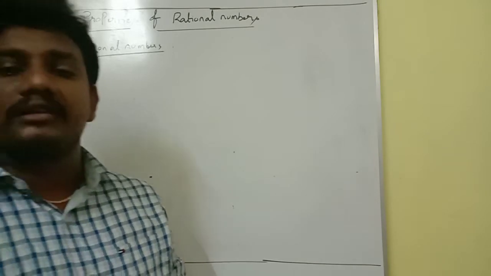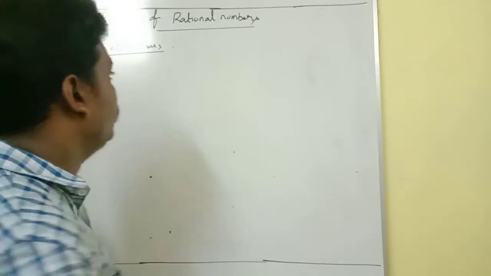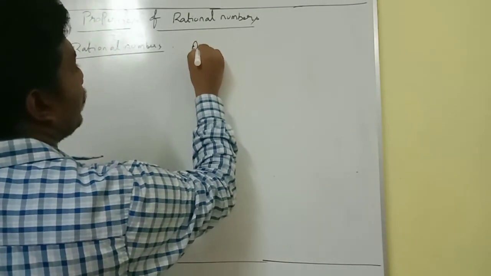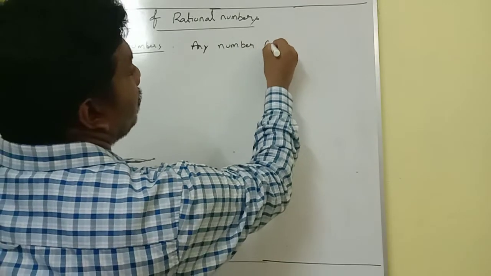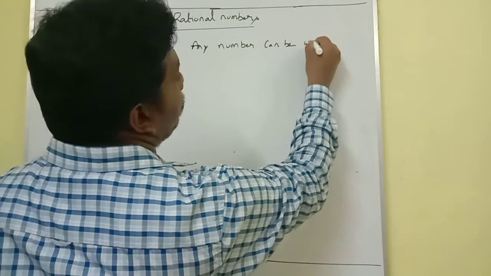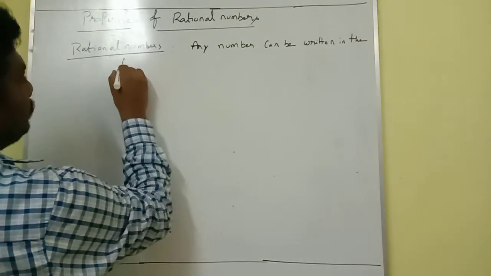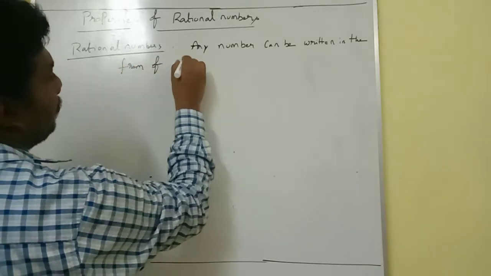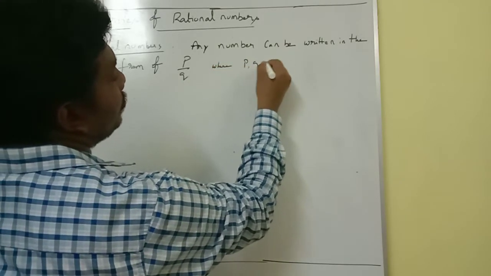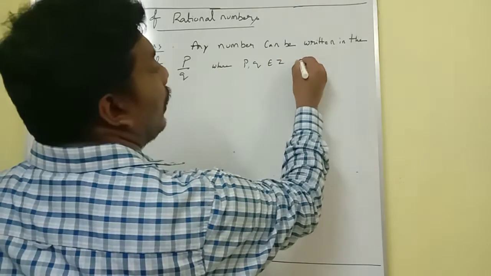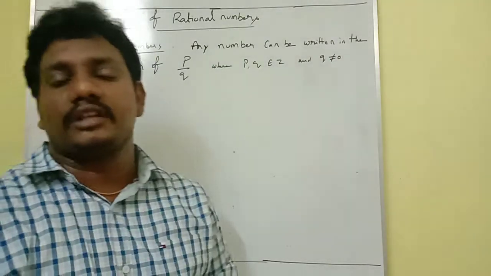Any number that can be written or represented in the form of p by q, where p, q belong to integers and q is not equal to 0, is known as a rational number. So this is called a rational number.